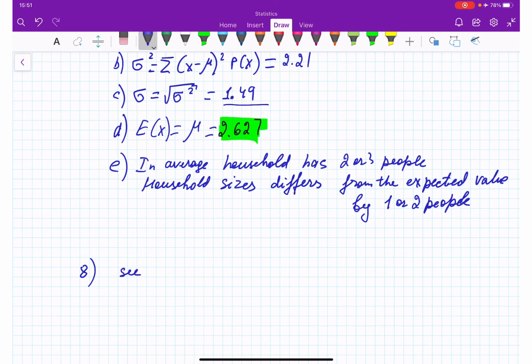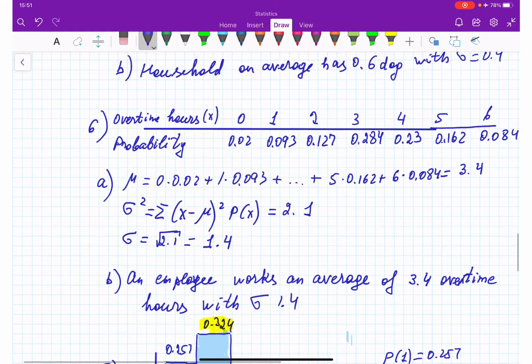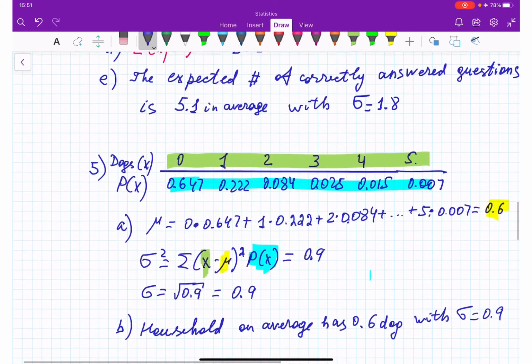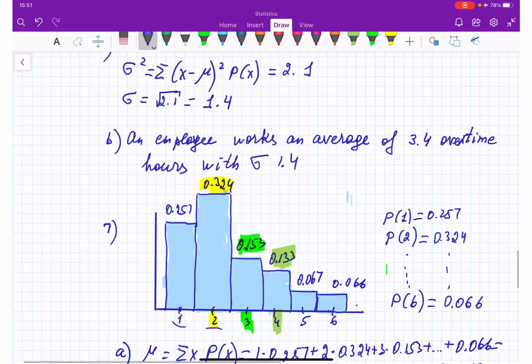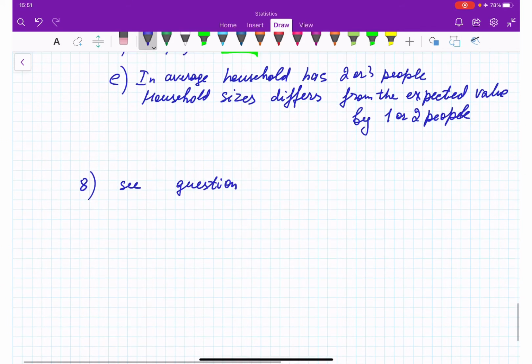Which problems do we have that are identical? 4 through 6, either one. 4 or 5 or 6. You are going to solve it exactly the same way, so I'm not going to do that again. Question number 9.